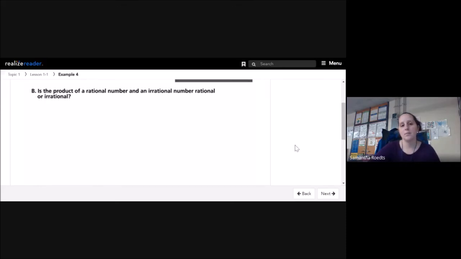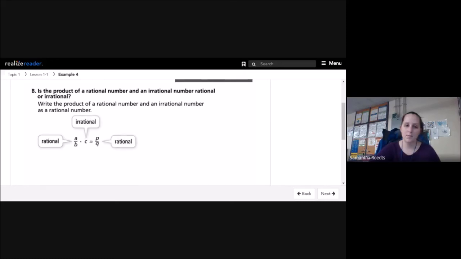Is the product of a rational number and an irrational number rational or irrational? Write the product of a rational number and an irrational number as a rational number. By definition of a rational number, A, B, P, and Q are integers, with B and Q not equal to 0.